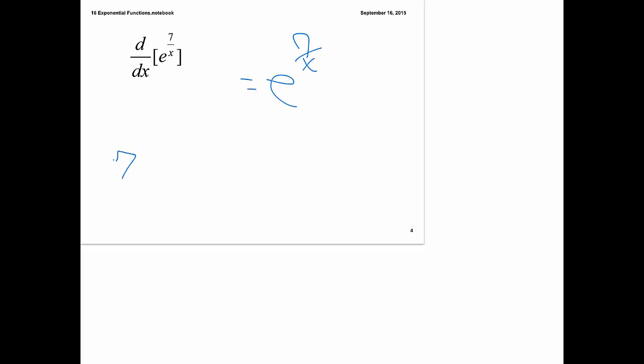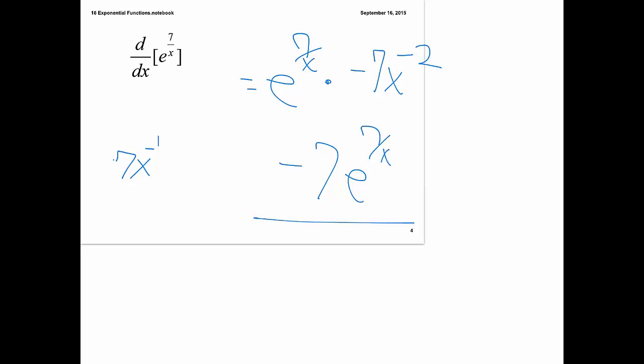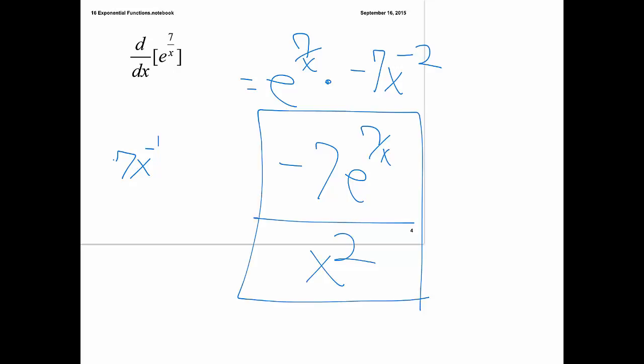You may want to come over onto scratch paper and rewrite that. That's 7x to the negative 1. So if that is our function, then the derivative of that is going to be negative 7x to the negative 2. Or we could rewrite this as negative 7 e to the 7 over x power over x squared. That would be our final derivative for a function such as this.